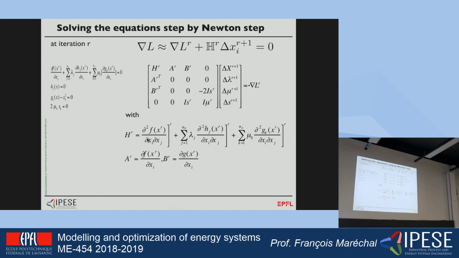Okay, as this function, which includes the derivative here, needs to be equal to 0, I will have to calculate the second derivative of the objective function, but also the second derivative of all my constraints. Okay?